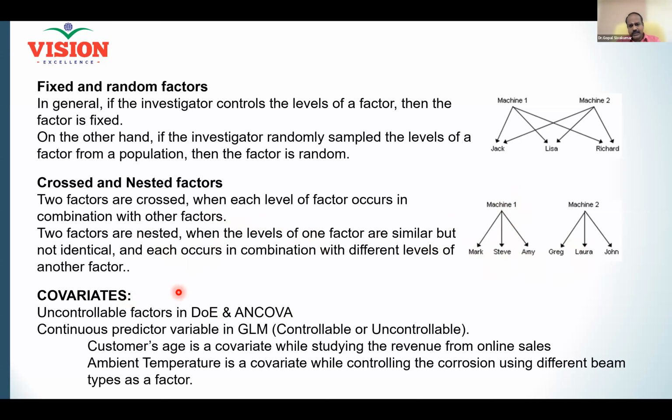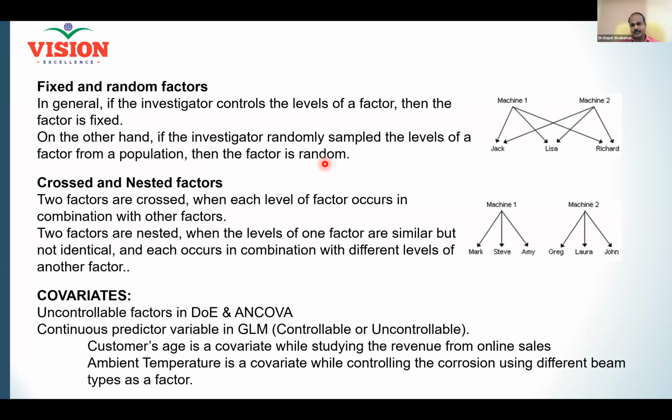Now covariate. Covariate means there are certain factors which we are not interested in studying or which we are not able to control. For example, in the training program, you can attend the class through a mobile phone. You can also attend the class through a laptop. Am I right? Which is better? Laptop.